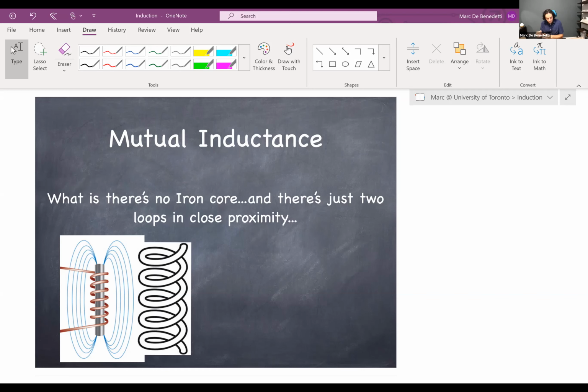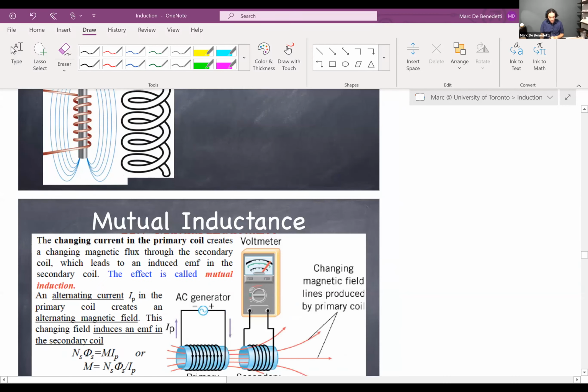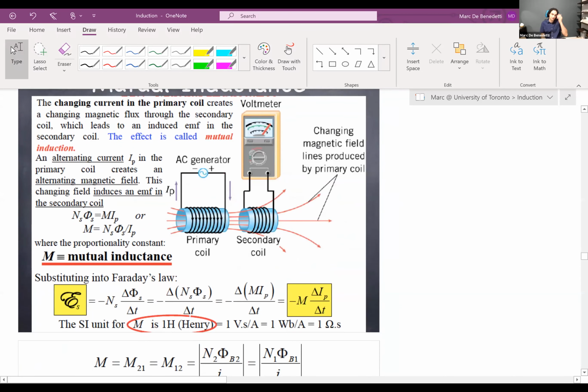That's by design. What if we just happen to have two coils that were near each other? Well, then that transmittance of flux will be non-zero, but not perfect. This is what we call mutual inductance, is the act of inducing a voltage in a second coil. And there is a coupling coefficient called M. M is the mutual inductance coefficient.